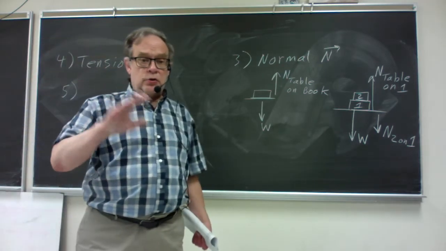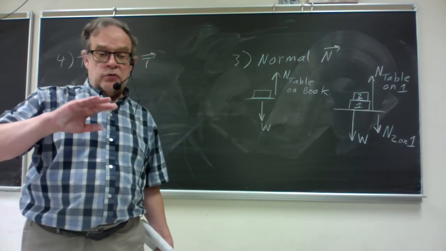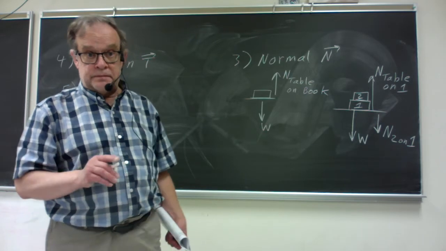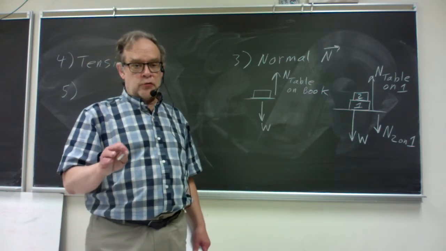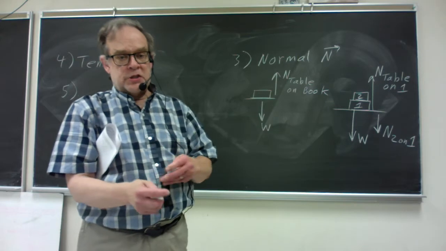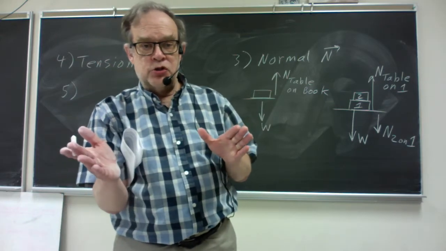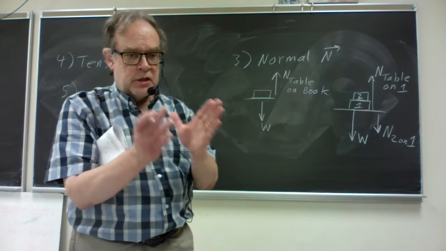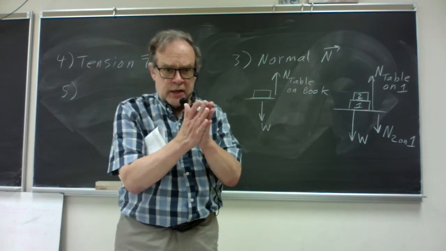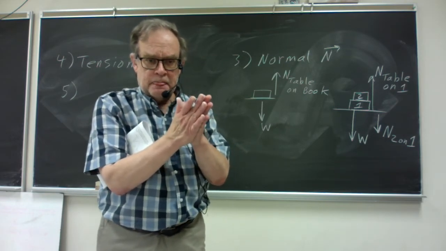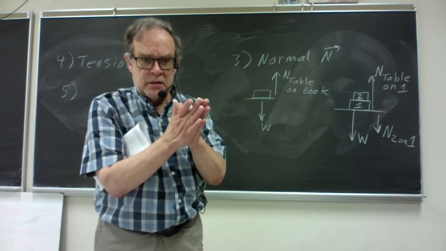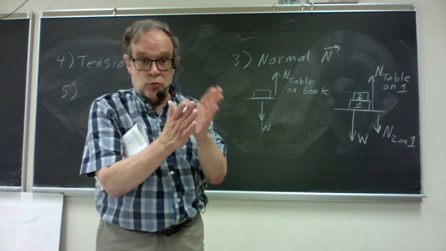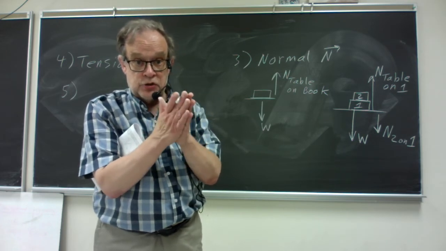Next, there are 3 different kinds of friction force. All friction forces are forces that come from some surface and act on another surface, because whenever 2 surfaces are in contact, there can be adhesive bonds between the molecules on one surface and the molecules on the other surface.